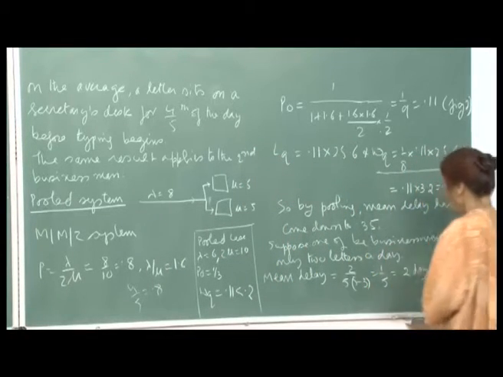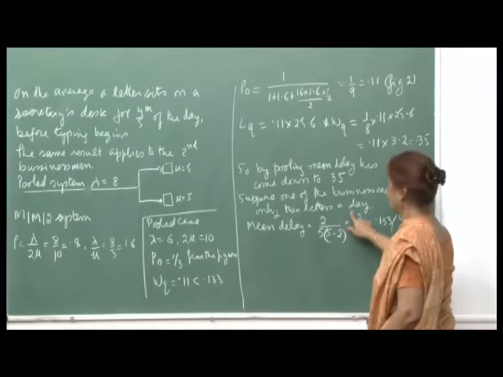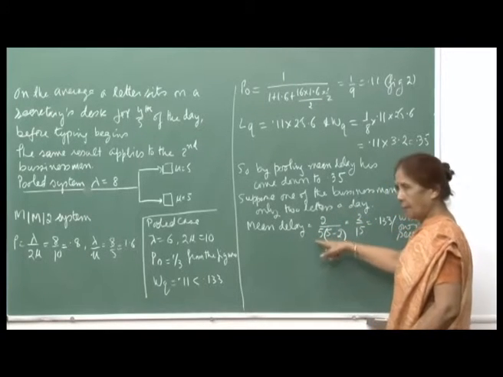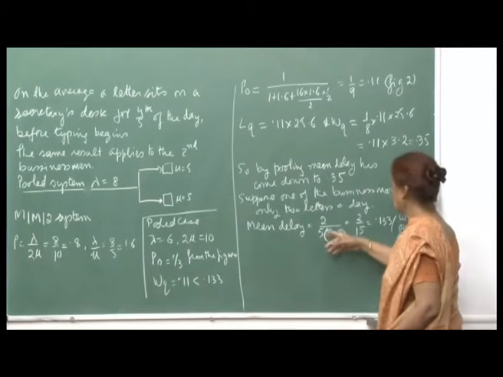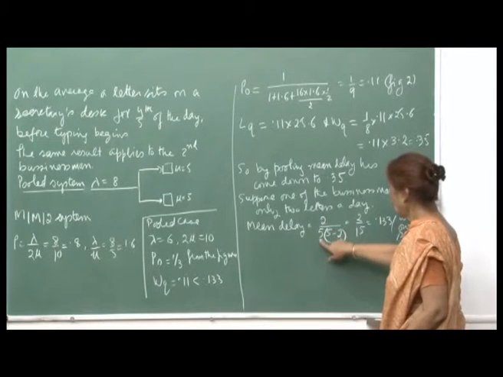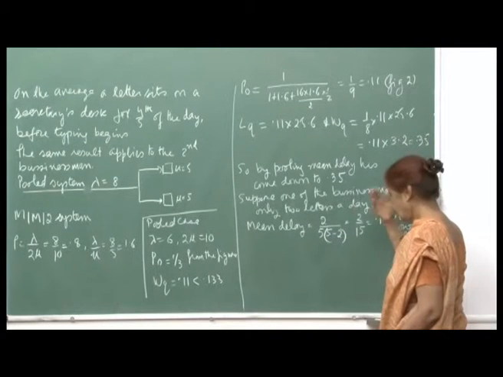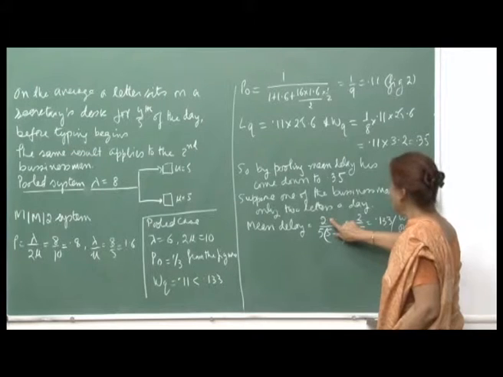Now, suppose one of the businessmen has only 2 letters a day, then the mean delay for the letter getting typed will be... sorry, I have said it the wrong way. 2 is the number of letters that arrive per day.